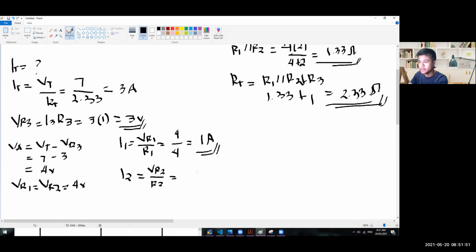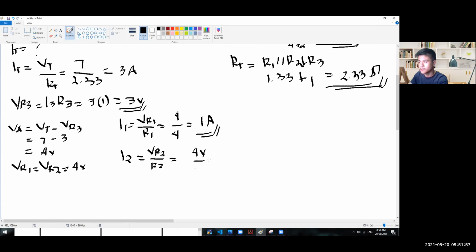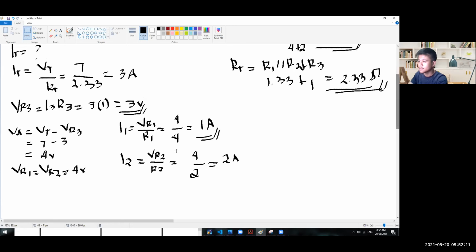So VR2 is still 4 volts divided by R2, which is 2 ohms. So 4 divided by 2 is equal to 2 amps. Let me just remove this one for consistency, since I didn't put the units here. So we have 2 amps for I2.